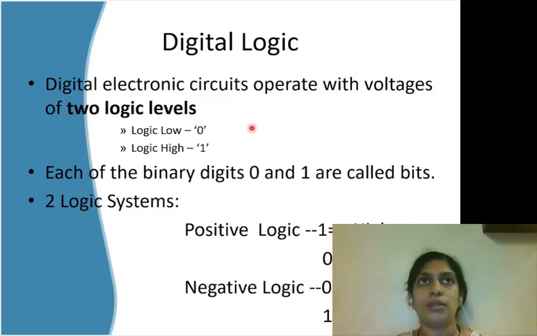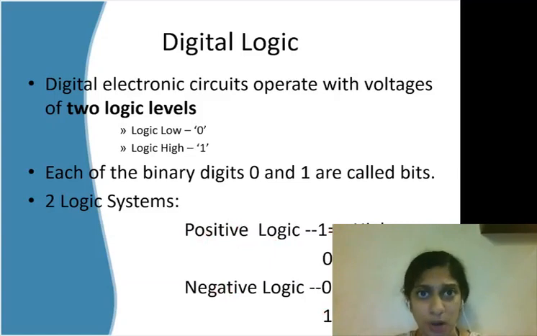So we all know that computers understand only binary or machine languages, and it is composed of zeros and ones. These zeros and ones in the computer language represent high and low voltage correspondingly. So we come across two types of logic systems, that is positive logic and negative logic.